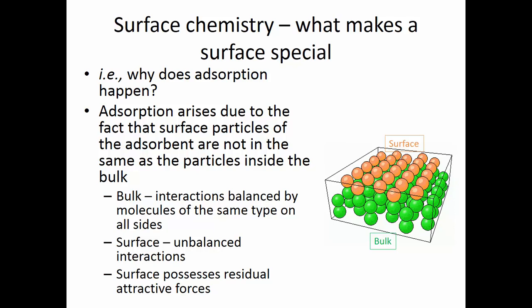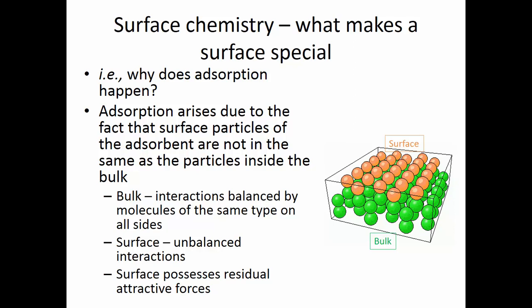If we're looking at a granite countertop, whatever molecules make up granite, in the bulk of it, the inside of that countertop, however thin or thick it is, everything is balanced by interactions on all sides, top, bottom, and all other sides.